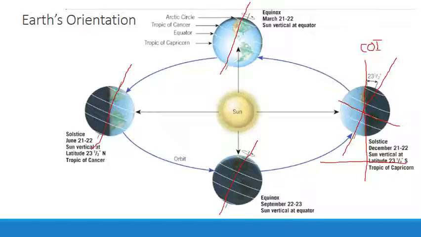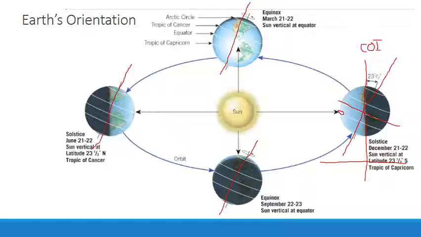So the change in orientation of the planet causes the spot where the sun's rays are vertical to make an annual migration from the tropic in the northern hemisphere to the tropic in the southern hemisphere. So here we see that point, perpendicular sunlight, hitting the southern tropic, the Tropic of Capricorn.